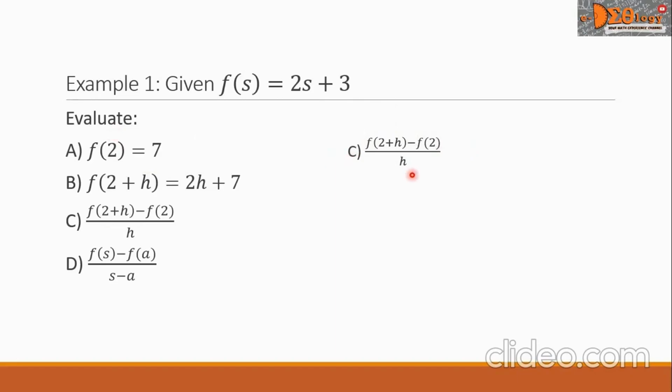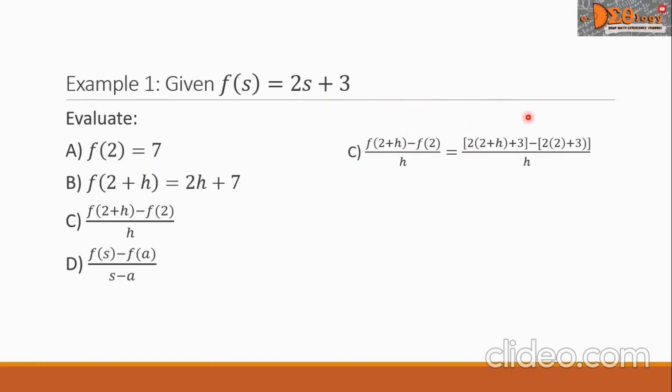So just to show, we will do it like this. For the f of 2 plus h, we will consider again that same function. We will copy here, but instead of the s, I will put the 2 plus h. So we have here 2 times the quantity 2 plus h, then plus 3. This is for the f of 2 plus h.